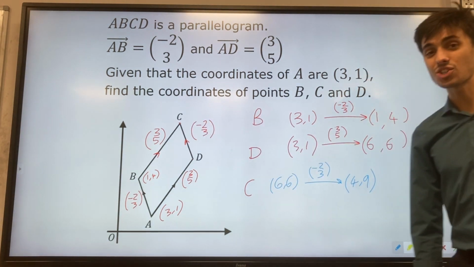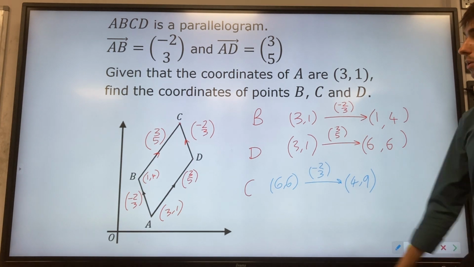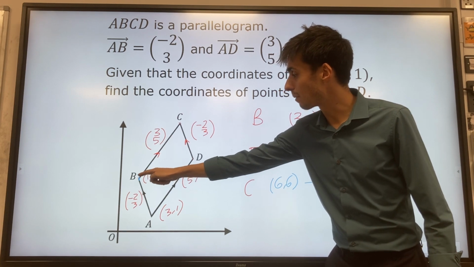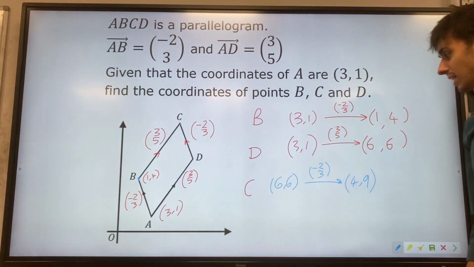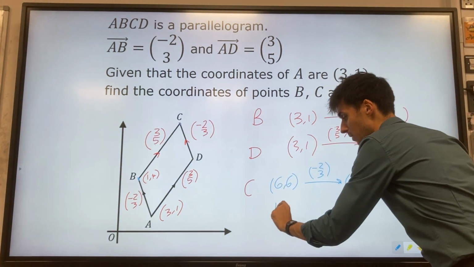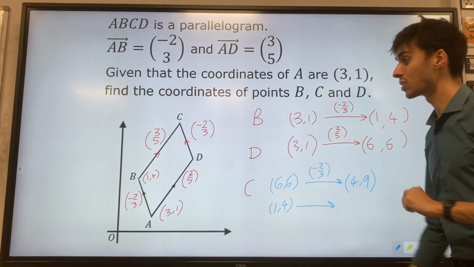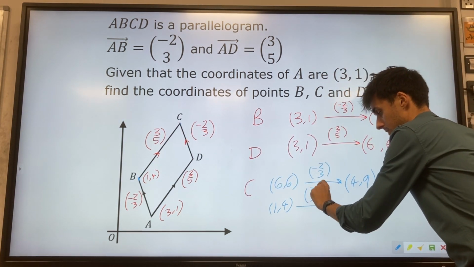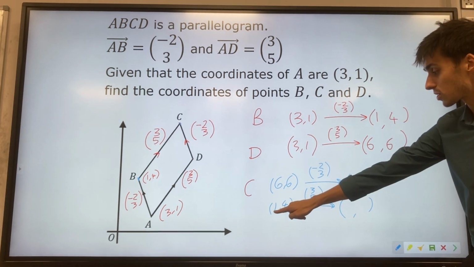Let's check though, because we've got another way of seeing if we've done the right thing. To get to C, we could also have started at B, and we're doing this vector, 3, 5, to get to C. Let's try it. So we started at B, which was 1, 4. We're going to add on this vector this time, 3, 5. And checking our coordinate, first number is 1.